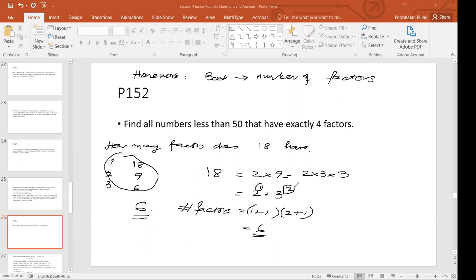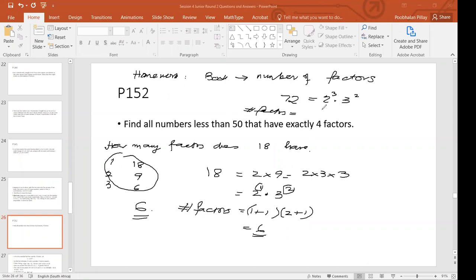Like now, if I take a number like 72, how many factors does 72 have? 72 is 8 times 9. 8 is 2 cubed, and 9 is 3 squared. So this is the way you write 72 as a product of powers of prime numbers. This is the best way to factorize it. How many factors does 72 have?